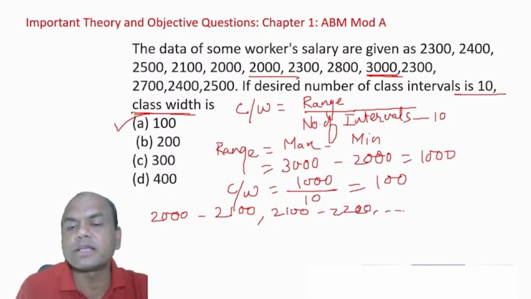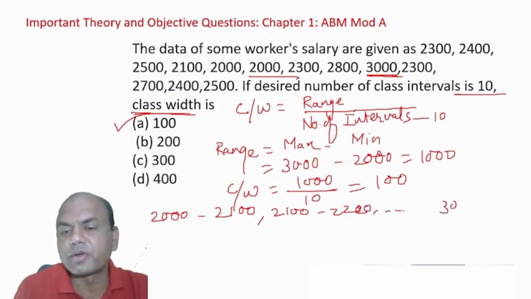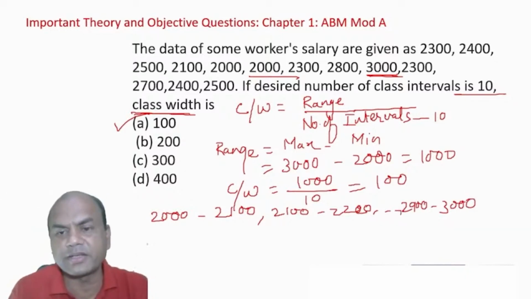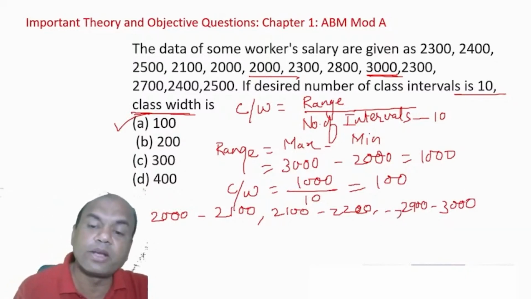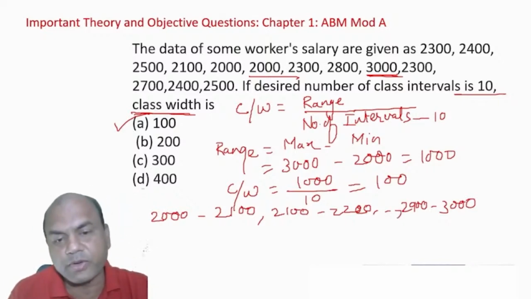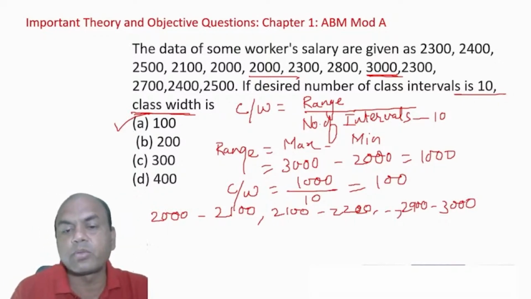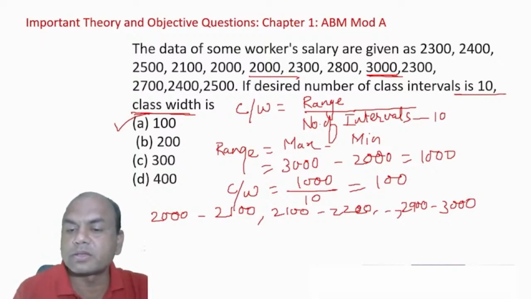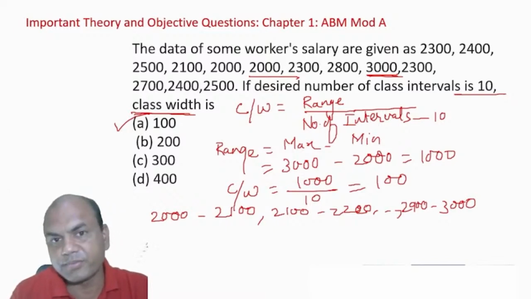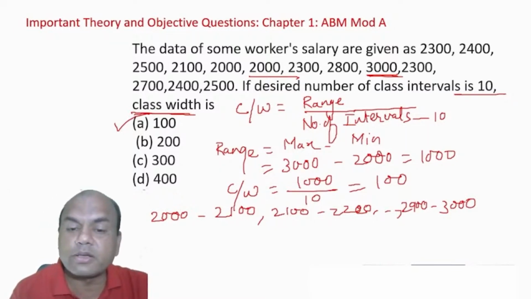Okay, up to what? Last number, 3000. That last class will be 2900 to 3000. This will be my last class, right? So this is the meaning of this width. Width means, now you check the difference between each one. 2200 minus 2100, 3000 minus 2900, 2100 minus 2000. Okay, so width will always remain the same.